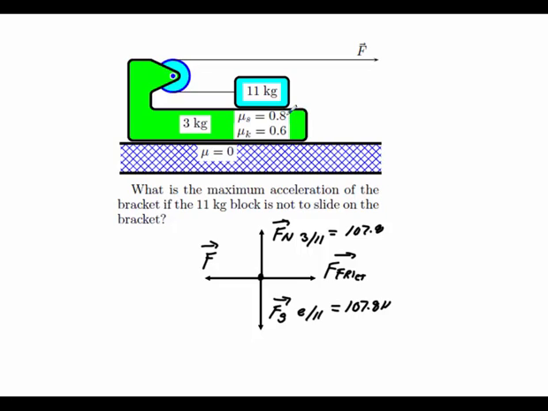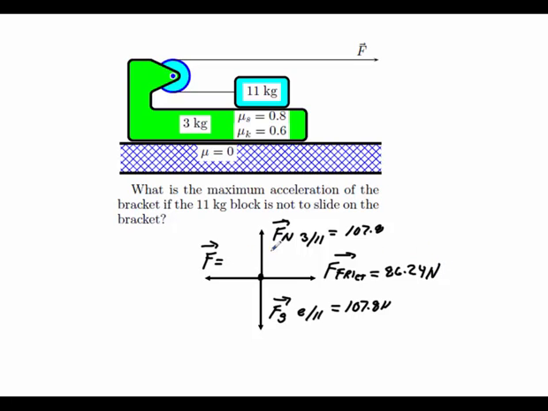Now if I'm not sliding, I'm going to have to use my static coefficient. We can determine this value by taking normal times mu. So I take 107.8 times 0.8, that gives me 86.24. Okay, we'll make that newtons.